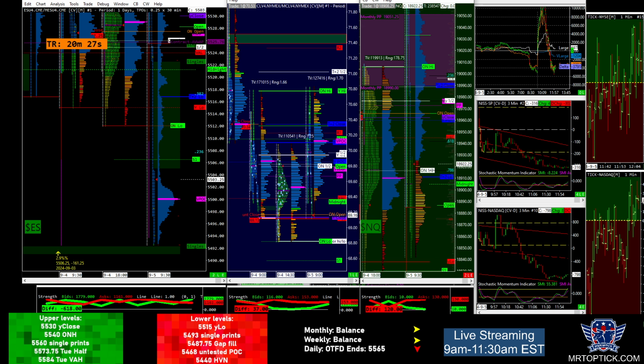I'm gonna target the middle of this range at 890. Let's see if that plays out. It's a little bit better than a 1-to-1 risk-reward ratio.